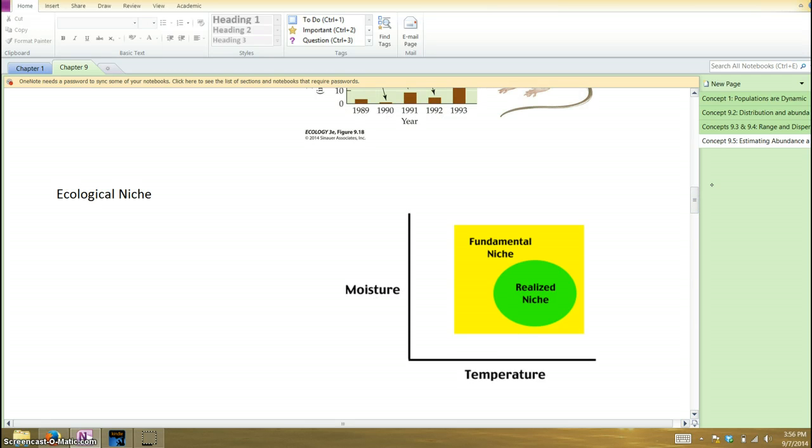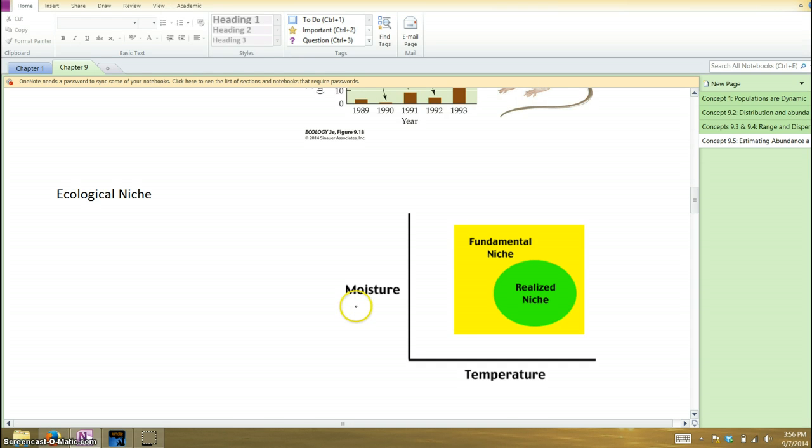Okay, now let's talk about the ecological niche. Ecological niche is essentially the range of conditions, both biotic and abiotic, that a species requires to survive, reproduce, and do its thing.